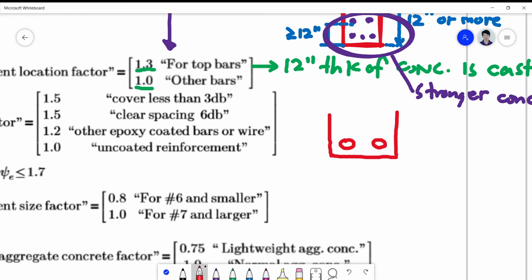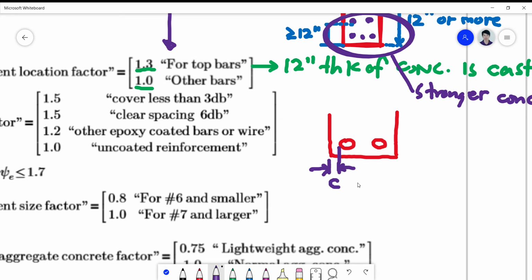What is the cover that we are talking about here? We are talking about the distance from the edge of the bar up to the surface. So you call this a cover.